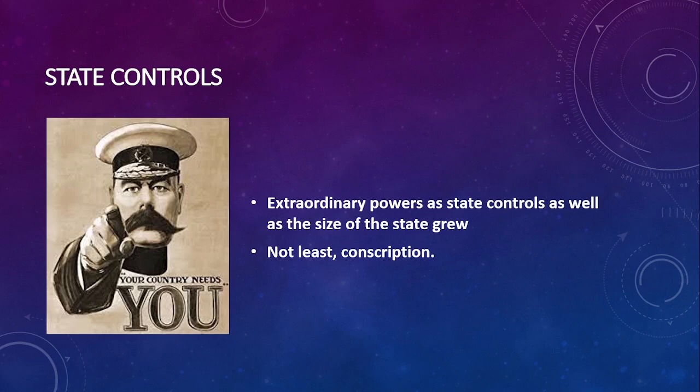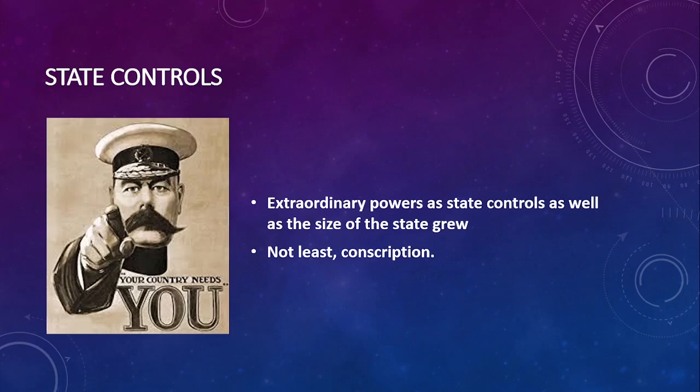Overseeing everything to a degree unimagined before the war were the governments of the belligerent powers, who took increasingly dictatorial controls of the economies and of society as a whole. State controls, as well as the size of the state, that's their bureaucracies, grew to levels not previously thought possible in autocratic states, never mind states some way down the path to becoming democracies.